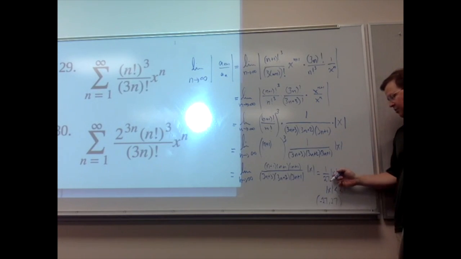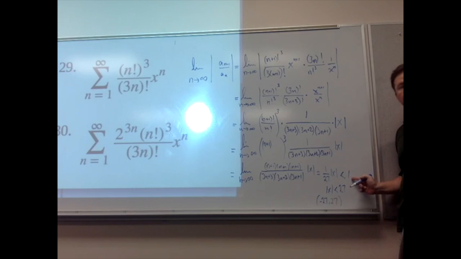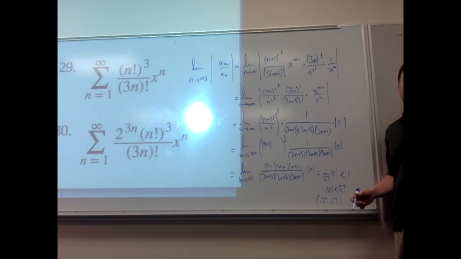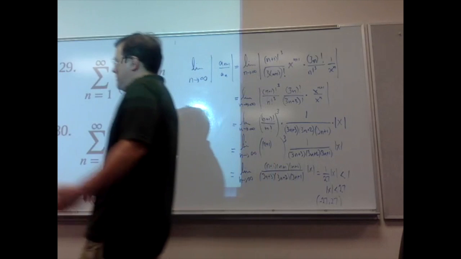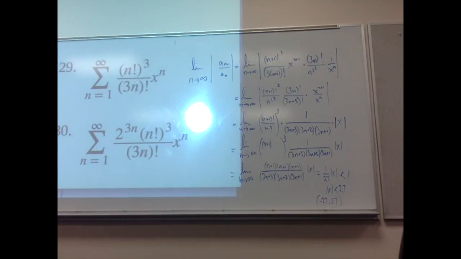If x was equal to 27, then the ratio test would give you exactly 1, and in that case, it's inconclusive. So there are 2 remaining questions. To get full credit, you have to answer 2 more questions: what happens when x equals 27, and what happens when x equals negative 27?